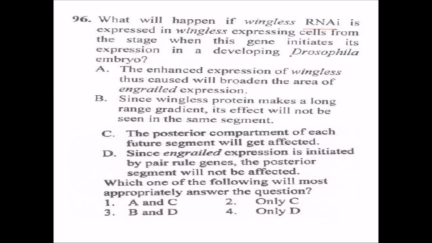So as per this, it will not broaden the area of wingless expression, rather it will inhibit it. So the posterior compartment of each future segment will be affected, as wingless is expressed from the posterior region of each segmented section.